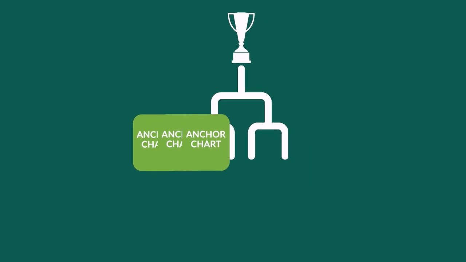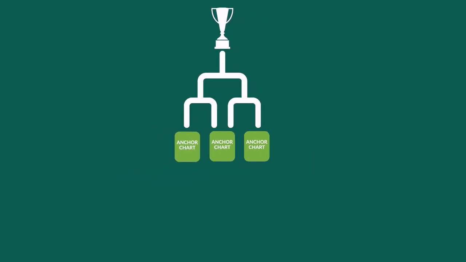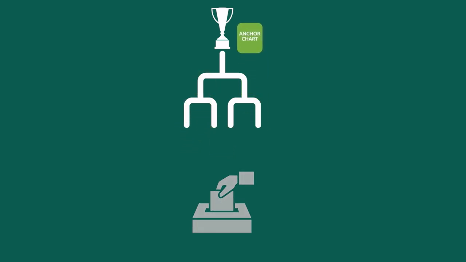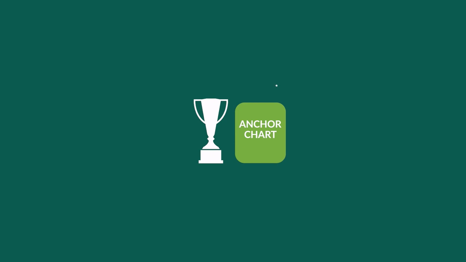The next day, show the anchor charts from each of the class periods and have students vote on the one they would like to have displayed in the classroom. This is the final round. You repeat that for each class period, and the final winner from that day will be the anchor chart champions, and they're going to post that chart to use for your review all the way until STAR.